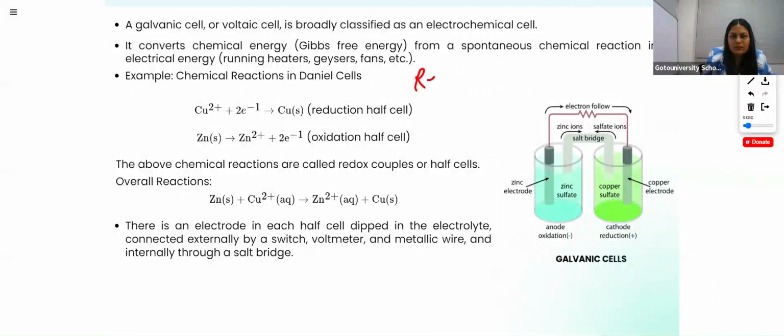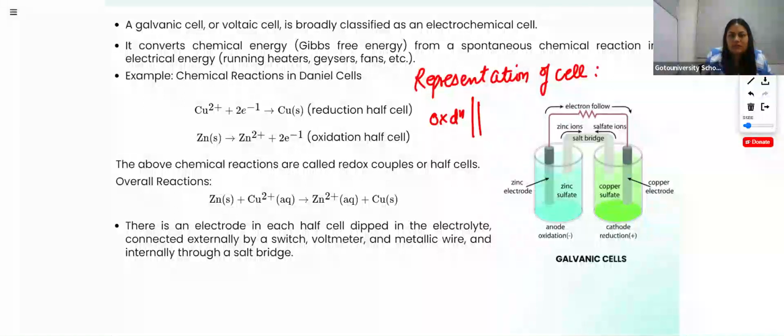We will also do the representation of the cell theoretically. Oxidation, then this symbol we use for the salt bridge, and then the reduction. This is how we represent the cell.